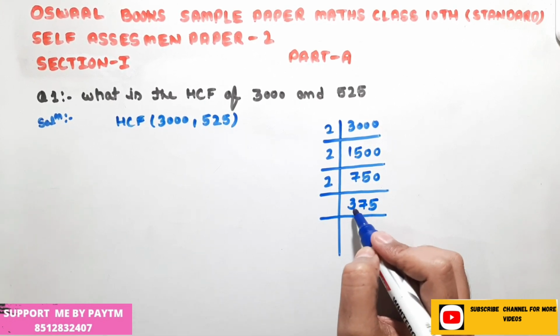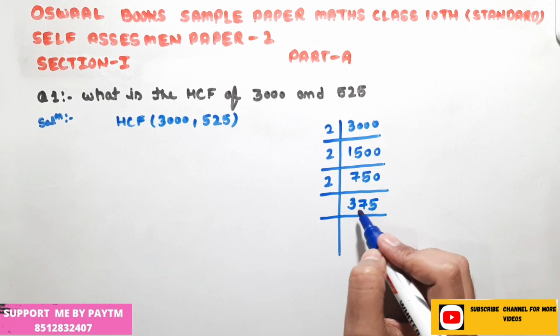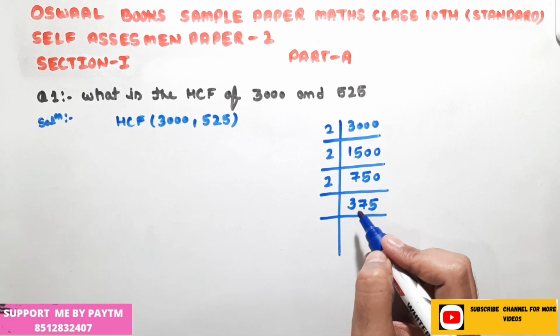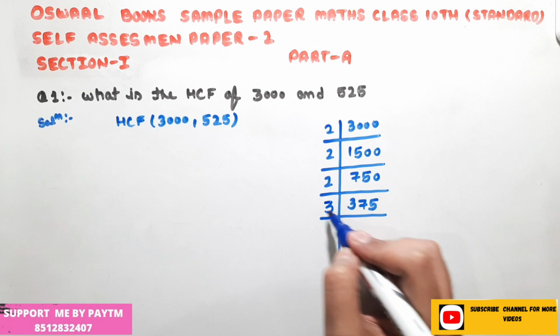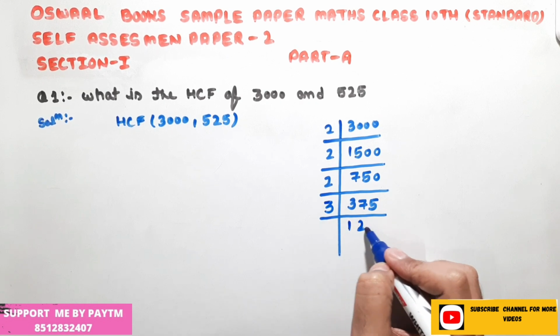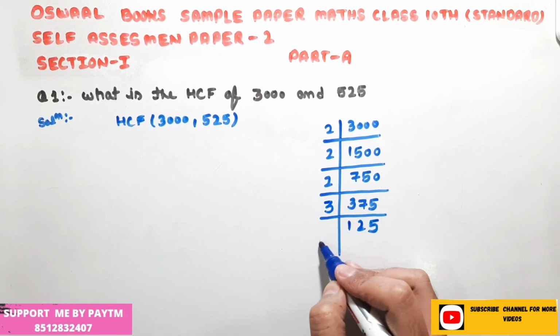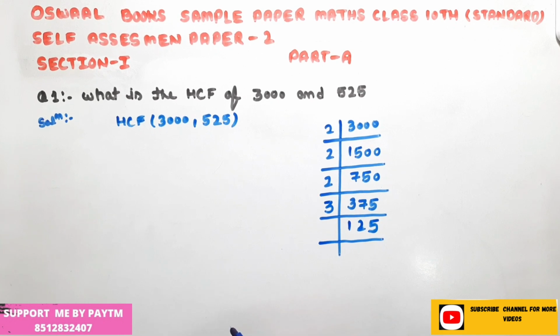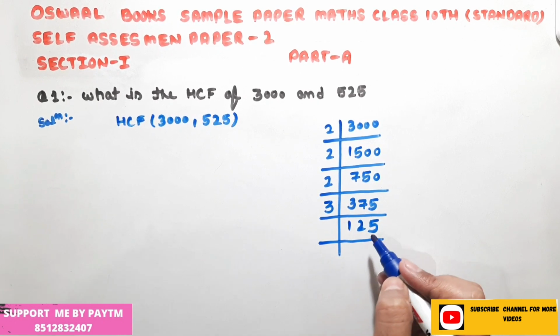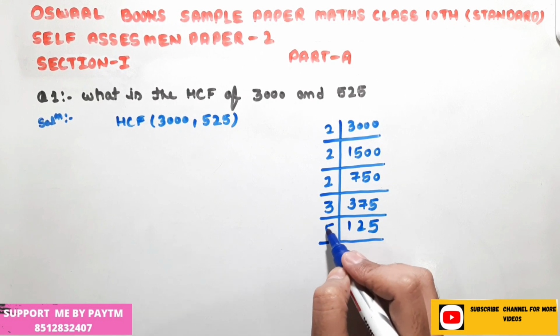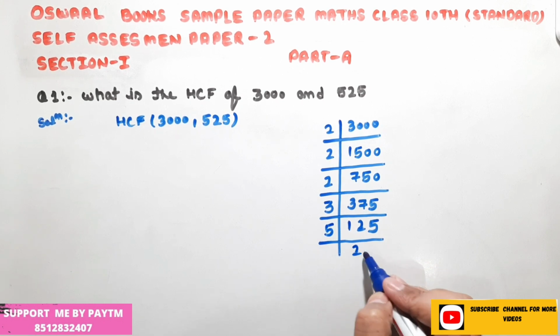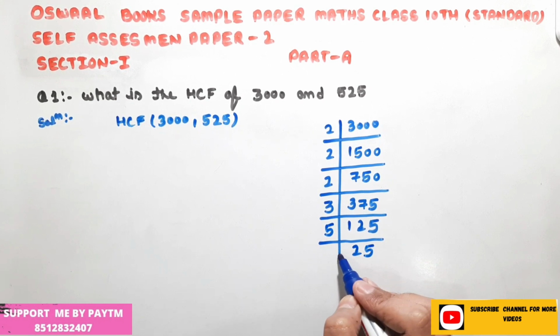Now it is divisible by 3. 3 1s are 3, 3 2s are 6, 3 5s are 15. Now it is divisible by 5. 5 2s are 10, 5 5s are 25.